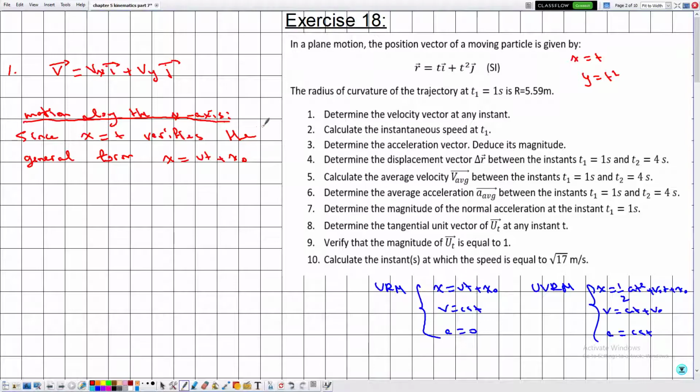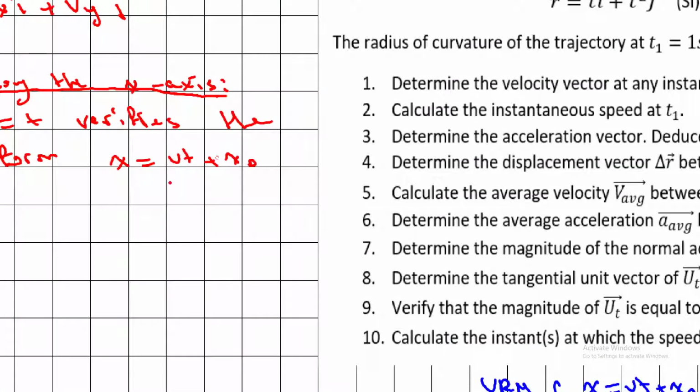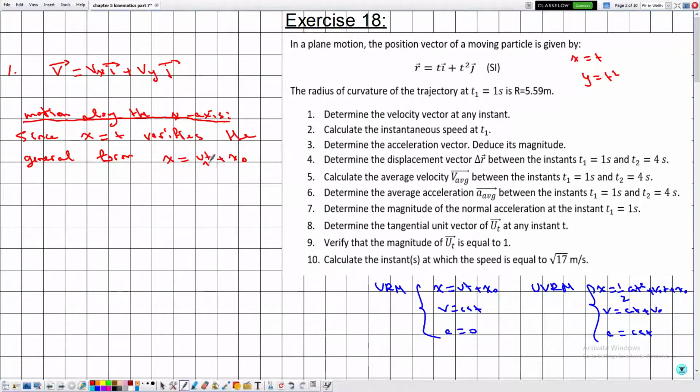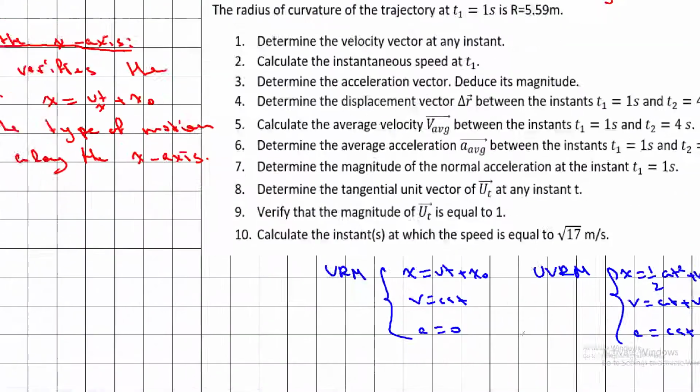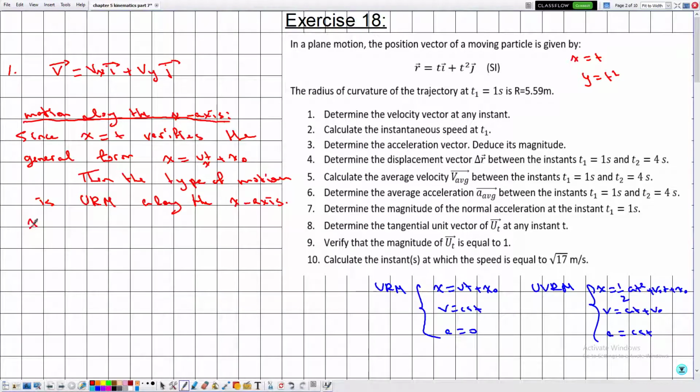Now here, because we are talking about two dimensions, it's important that we distinguish between vx and vy. Then the type of motion is URM along the x-axis. And by this now we can use all of these equations: x is equal to vxt plus x0, vx is equal to a constant, whereas the acceleration ax is equal to 0.